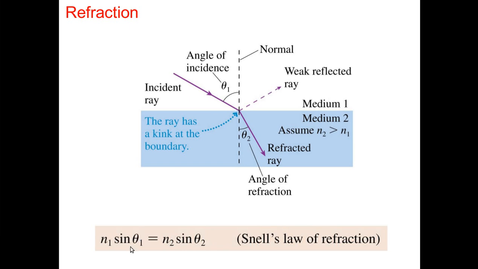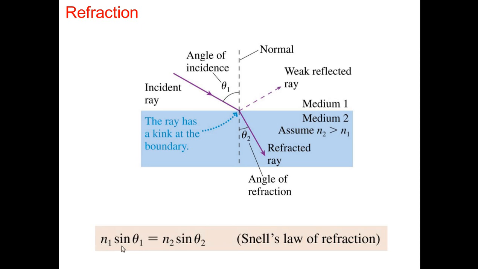Okay. So it's actually the sine ratio, the opposite over the hypotenuse. So this relationship between the incident angle and the refracted angle is related to the different indices of refraction for these two media. Okay, so it's N1 sine theta 1. All of the properties of one medium are on one side.